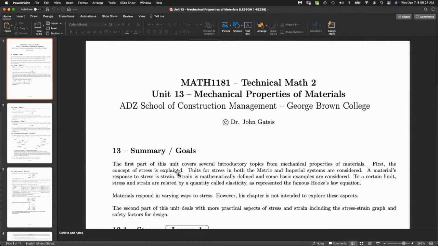So we're starting to identify, based on the material, what it can handle in terms of its performance when it is carrying forces through it.